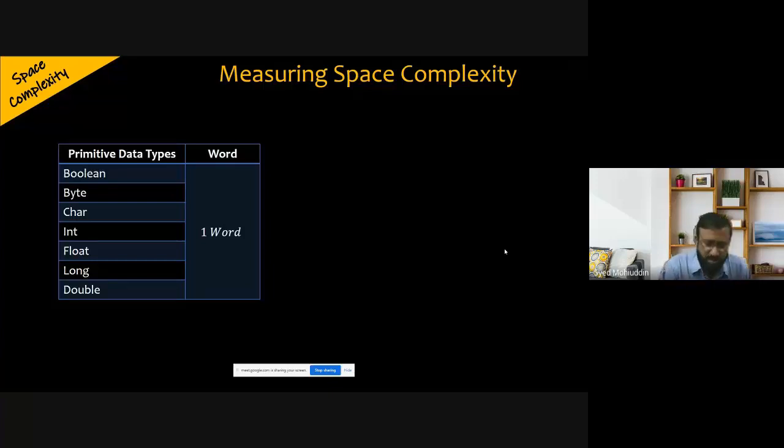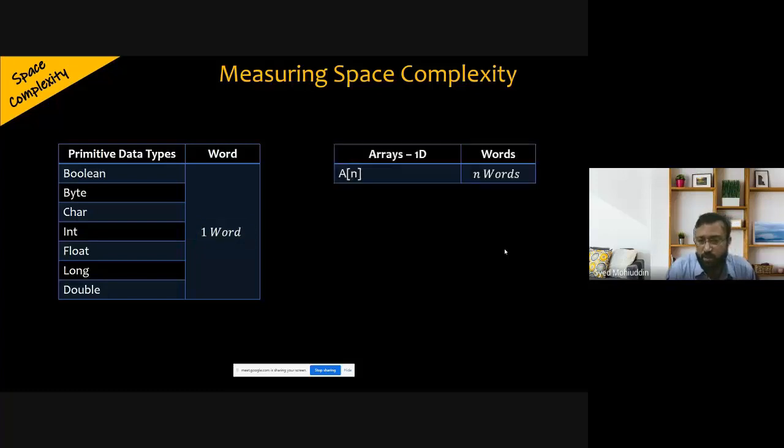Apart from primitive types, we have arrays, that is a one-dimensional array. Whether it is a character array, a float array or an int array doesn't matter. We consider everything takes 1 word.